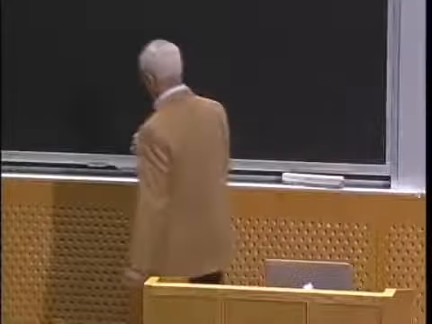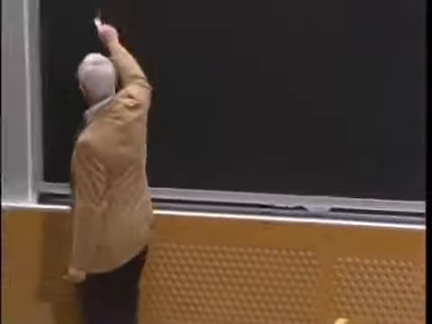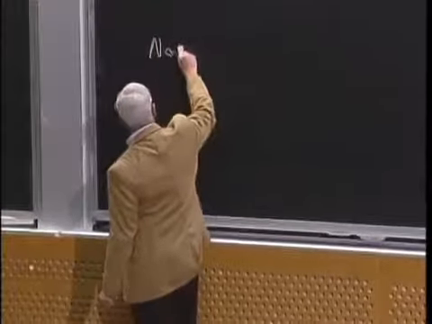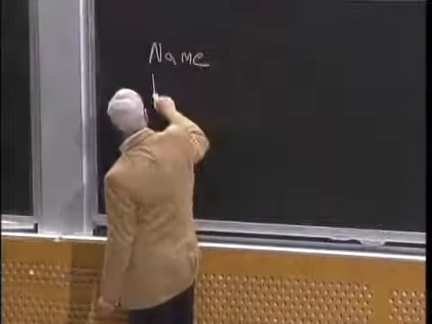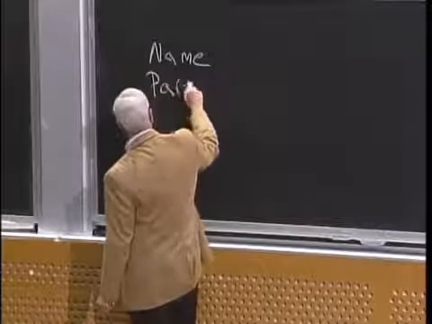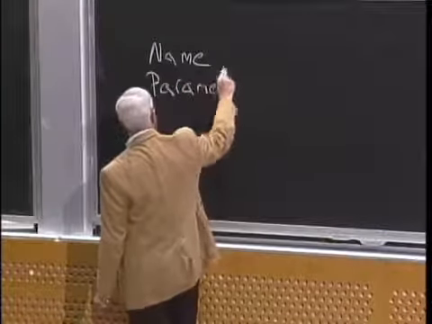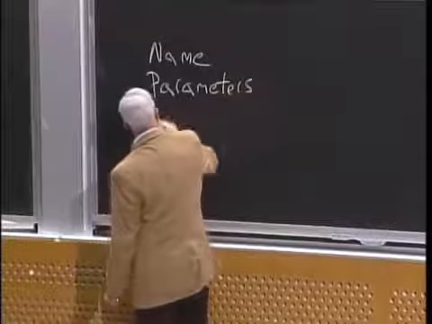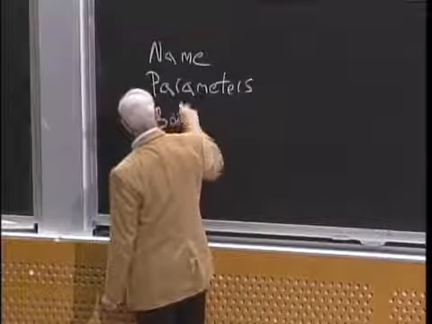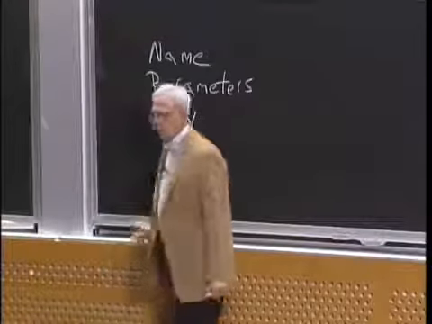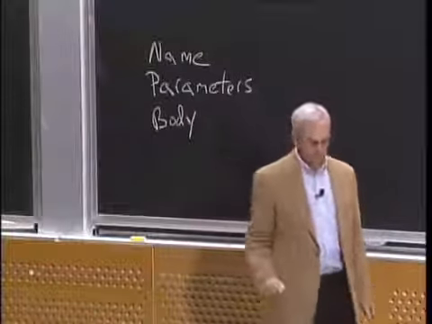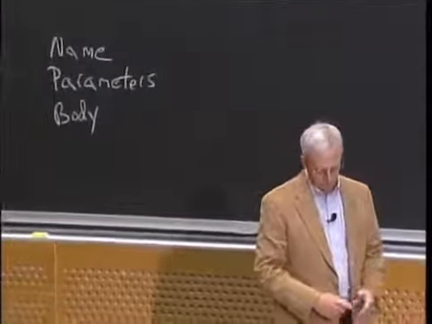So we see that a function has a name. It has parameters. And it has a body. The body is the code that's part of the function.